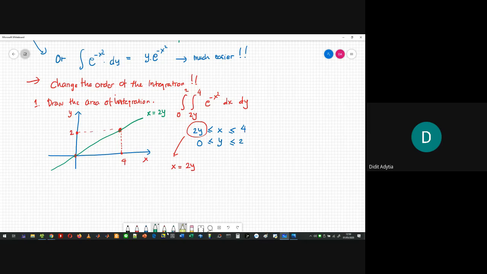Where is then the area of integration? x is from this line to x is 4, and then y is from 0 to 2. So this one is actually the area of integration. This one is R.